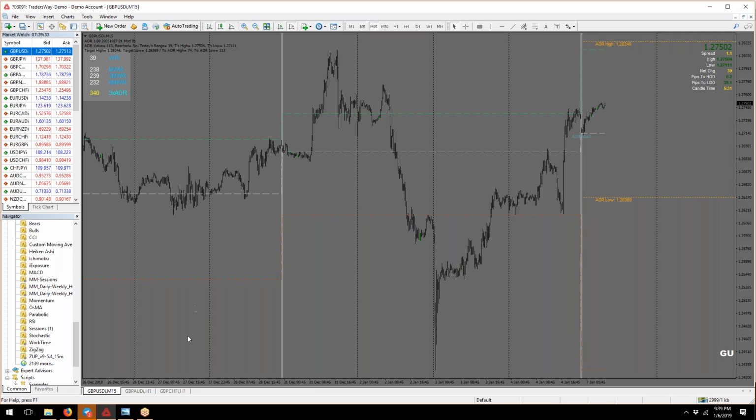I have 383 points from here to here. Again, the ADR is just an average. Sometimes it's going to be exactly to the pip. I got 380 points. This thing moves 3 times ADR, which is 340. So I'm close enough. That's fine. What did it do? Reversed.